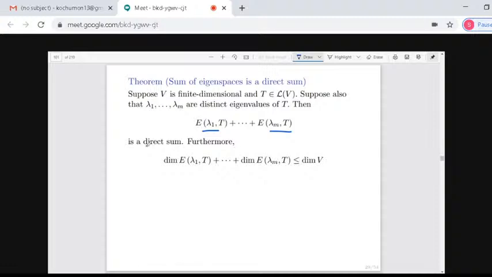The sum is always a direct sum. Furthermore, if you add the dimensions of the eigenspaces, it will always be less than or equal to dimension V. This essentially follows from the property that the sum is a direct sum. We will see the proof.